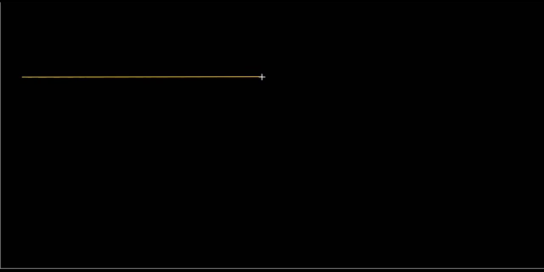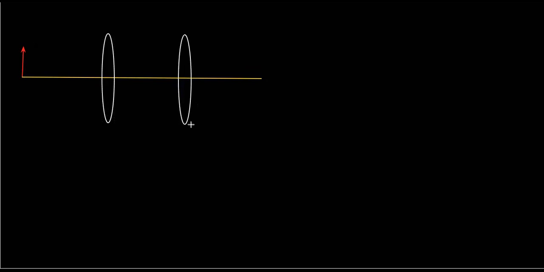This is the principal axis, and you have placed the object here at this point, and here is the lens. This is the first position of the lens, and then this is the second position of the lens, and here is the screen at this point.